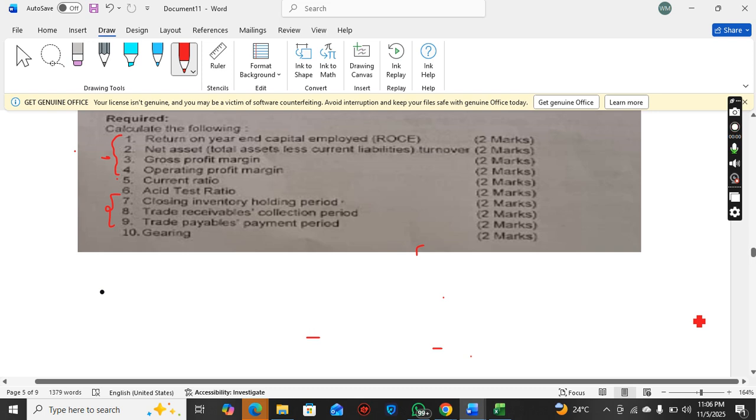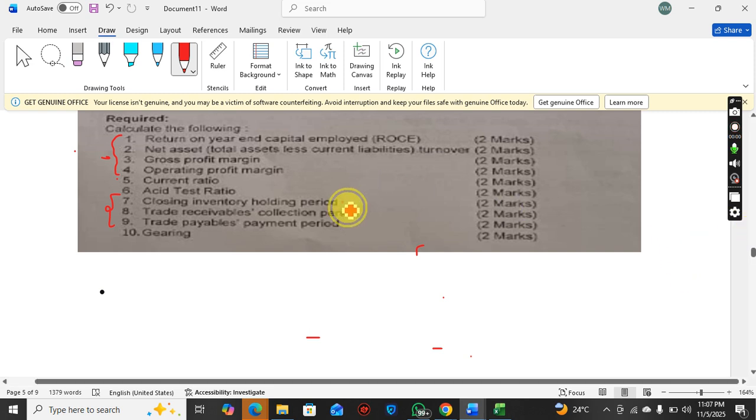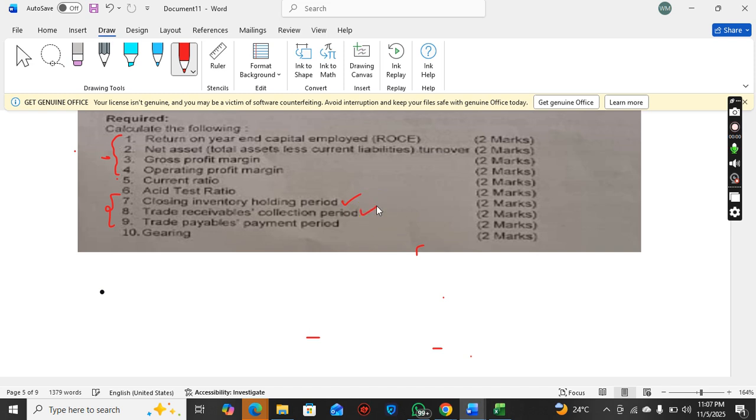With these efficiency ratios, especially inventory and trade receivables, you want the days to be low. As a company, you want inventory to be moving fast, because the faster it moves, the more money comes in. With trade receivables, you want to collect money from people who owe you fast, so that you don't run the risk of bad debts or delayed payments.